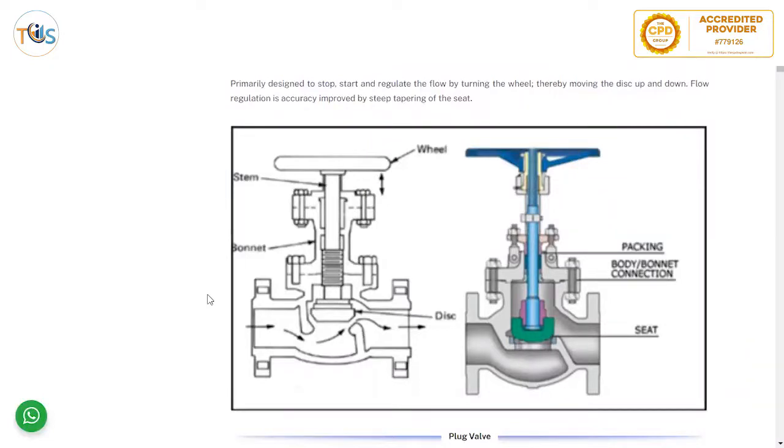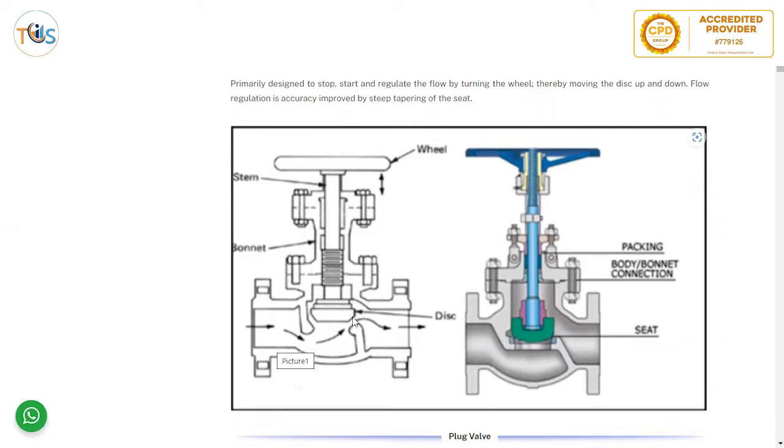Valves are primarily designed to stop, start, and regulate the flow by turning the wheel, thereby moving the disc up and down. Flow regulation accuracy is improved by steep tapering of the seat.